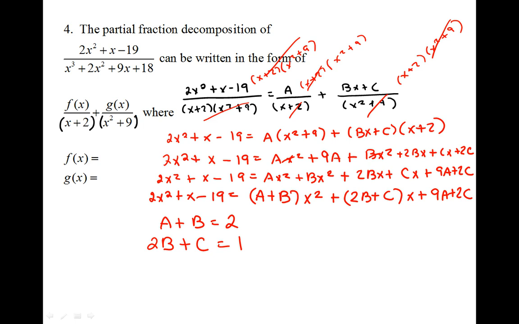And then you have a negative 19 equal to your constant 9a plus 2c. So 9a plus 2c equals negative 19. Okay, so I'm going to take those 3 equations that I just wrote down and move them to the next slide to work with those.